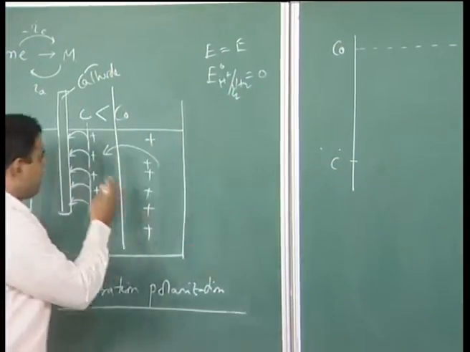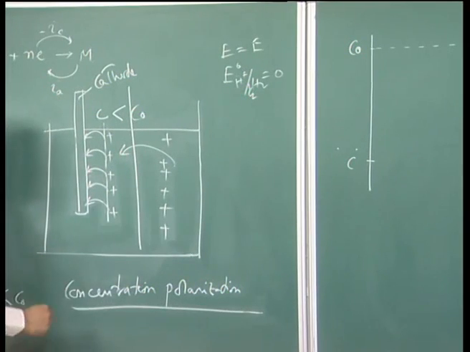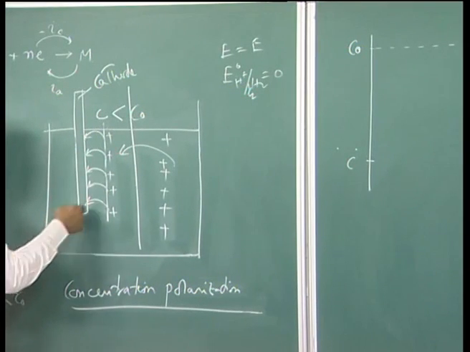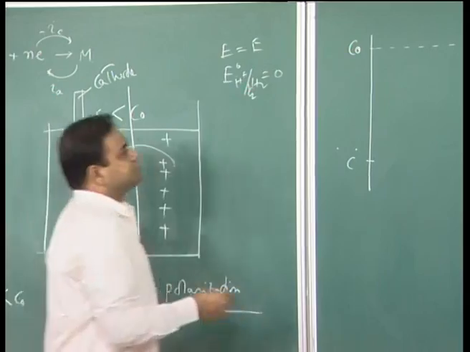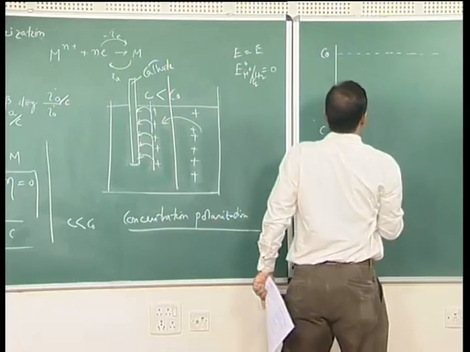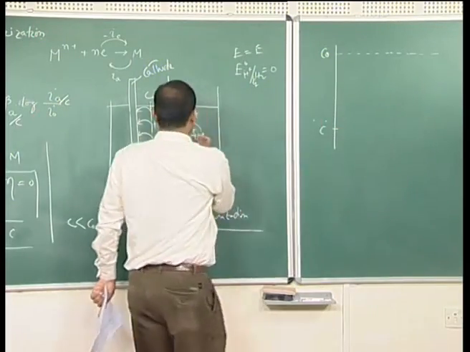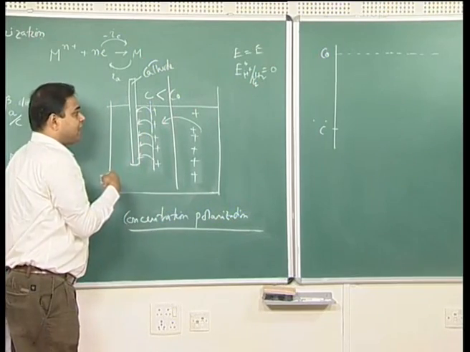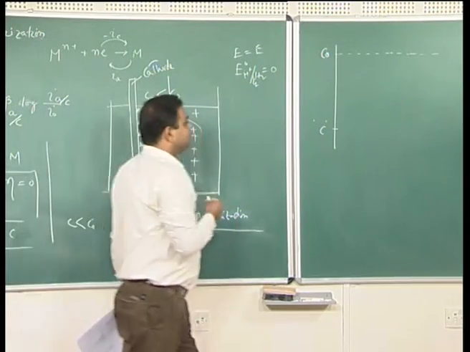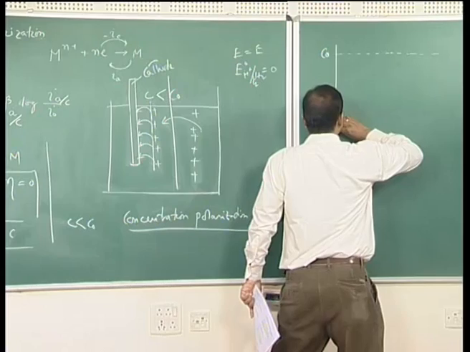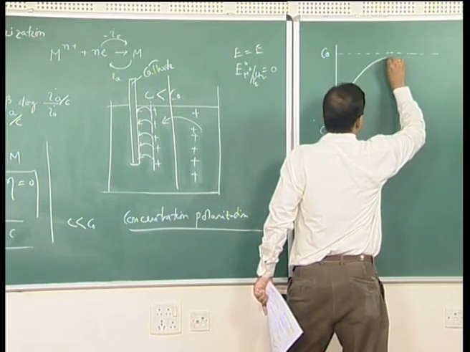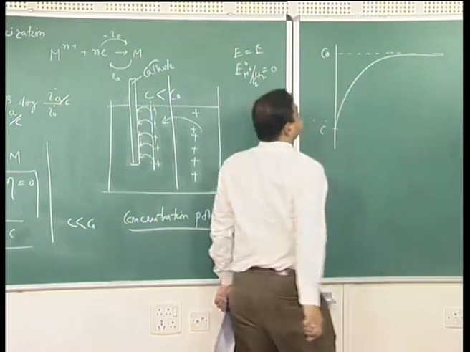Now, at some larger distance from this metal surface, what would be my concentration? Concentration would still remain this, but you will see, and this is a diffusion process, I can have a boundary layer. So, I will see the distribution of metal ion concentration would follow like this.